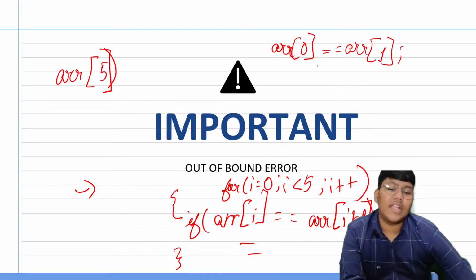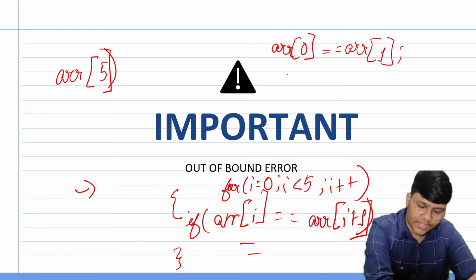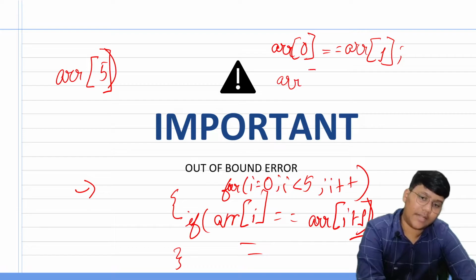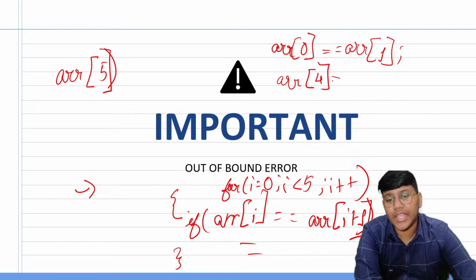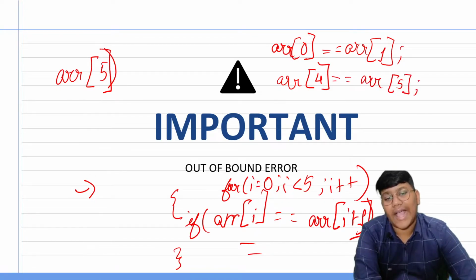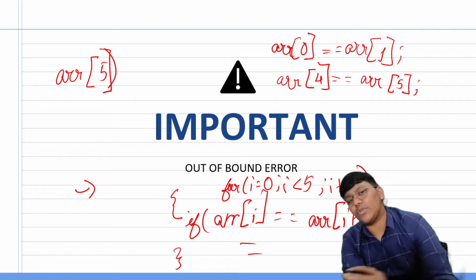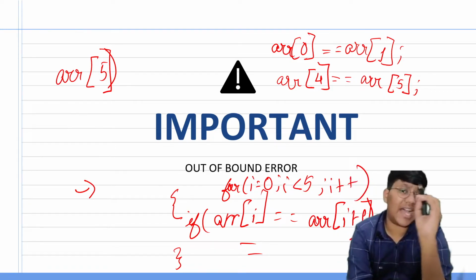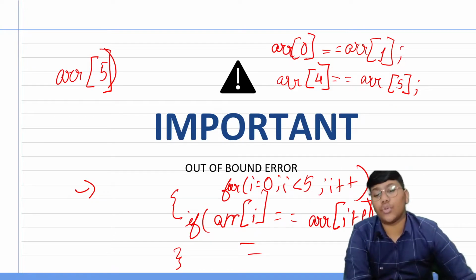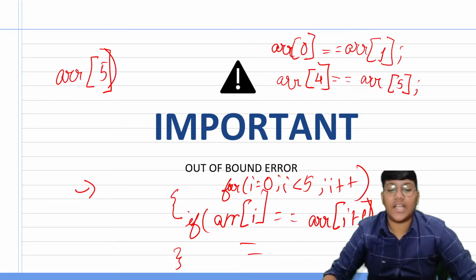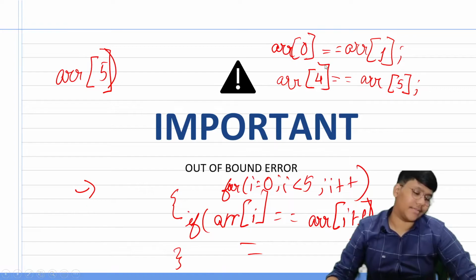Okay, no error. When it runs, ARR 4 will come. ARR 4 because smaller than 5, ARR 4 equal to ARR 5. Now as we know, indexes start from 0, and if the length is 5, the last index will be 4. There is no ARR 5. So the computer will show an error known as the out of bound error.